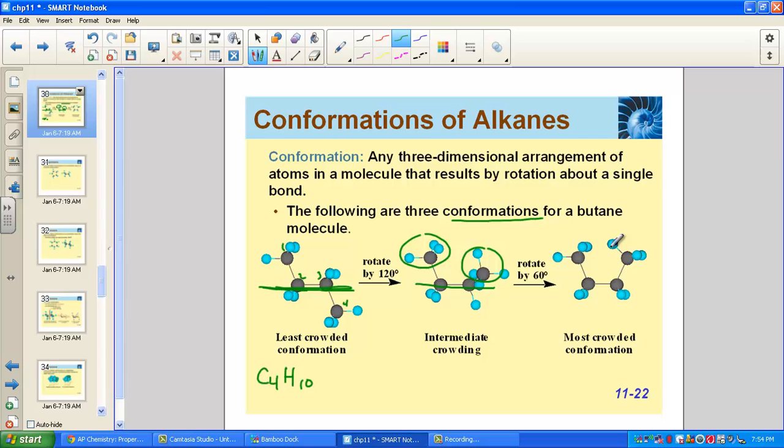And if you keep twisting and start bringing the hydrogens closer and closer together, this is a very crowded structure, very unstable. Molecules are going to prefer to arrange themselves so they can ease crowding of those alkyl groups or the ends of those carbon chains. So what we're talking about with a conformation is the entire structure in a three-dimensional way, how can they arrange themselves with bond angles to alleviate crowding?